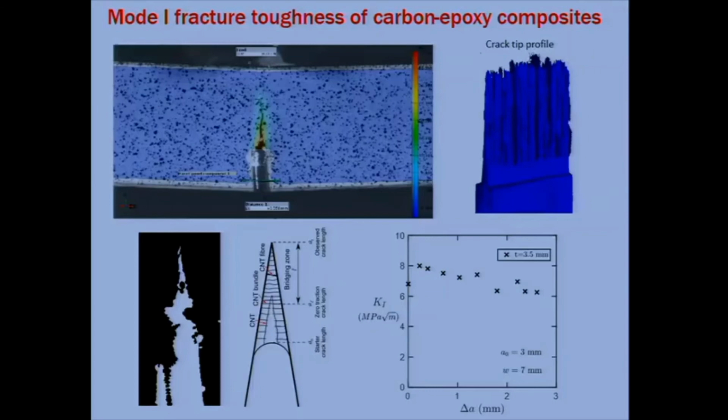And by doing that, you actually will measure each crack growth. You will measure a remote stress from your machine, and you convert that to your stress intensity factor. And I have measured like 10 different crack growths, and that is the delta A, the crack growth, and your fracture toughness.